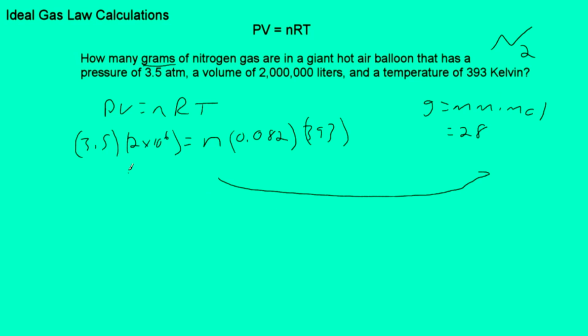All right, let's finish this up over here first. 3.5 times 2 million, 7 million equals n times 32.23. Okay, divide by 32.23 on both sides.